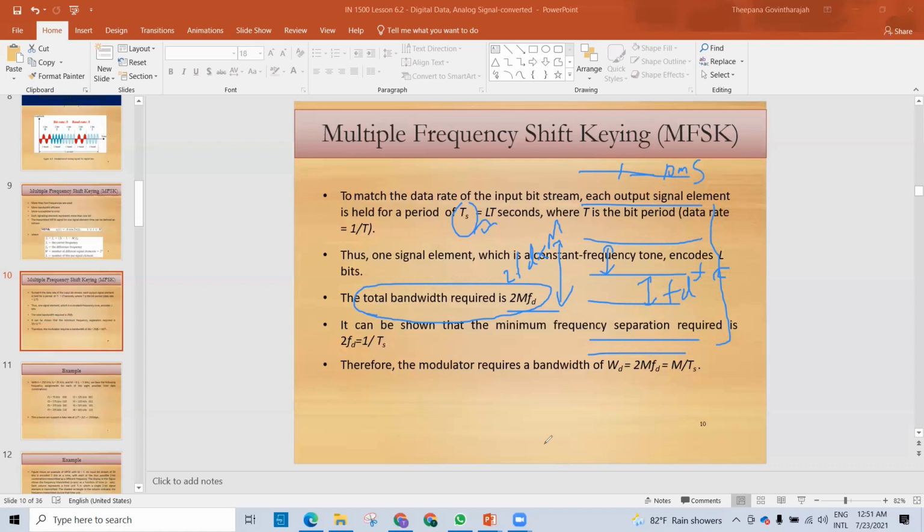Minimum frequency separation required is 2FD, because it's FC, here FD, and another representation should be an equal and opposite amount from the FC. So the total deviation is 2FD. And the 2FD is equal to 1 over TS.